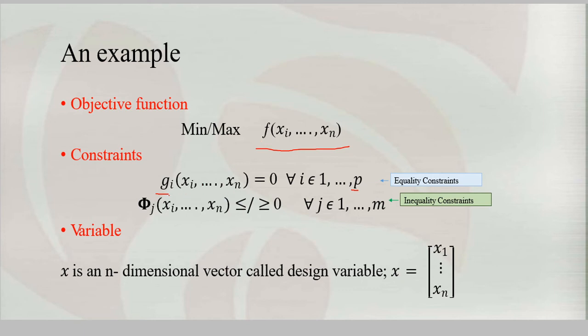So this g_i is represented as the equality constraints. Now again, this h_j is represented as an equation where, for inequality constraints, it could be less than 0 or greater than 0. So this constraint becomes the inequality constraint, represented as h_j.